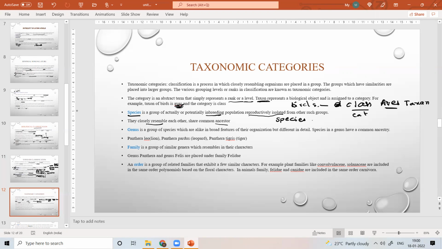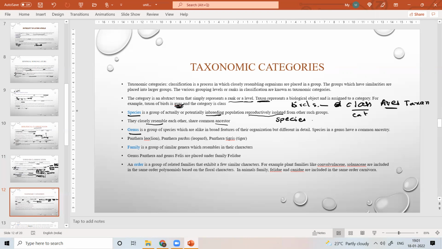The next level of classification is genus. It includes a few species. It is the group of similar species, which are alike in broad features of their organization but different in detail.